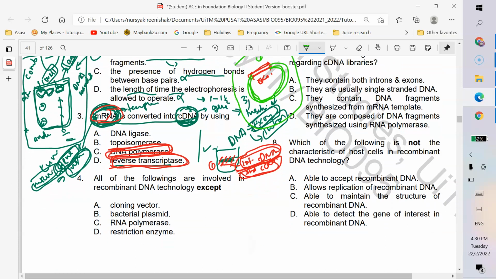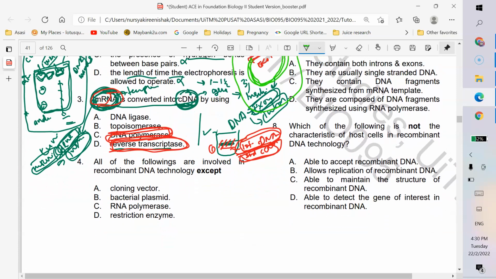Okay, so the next one, question number 4 is Anas. Okay, betul. Can? So the following are involved except cloning vector, apa dia?